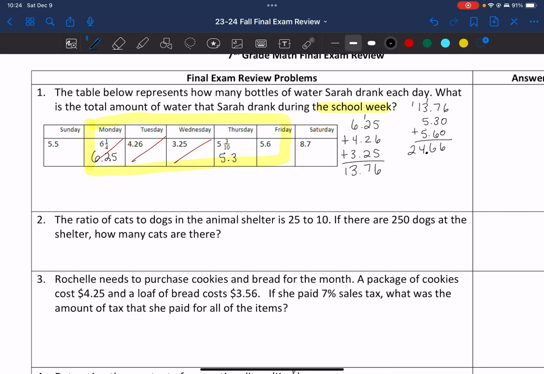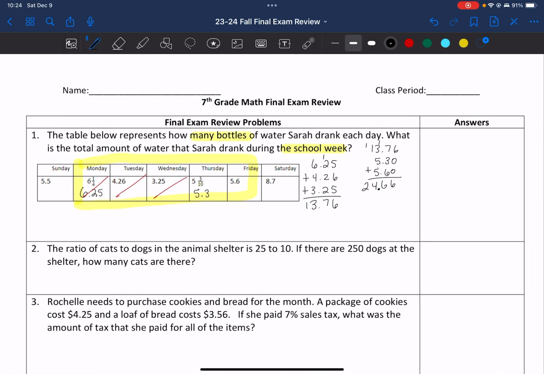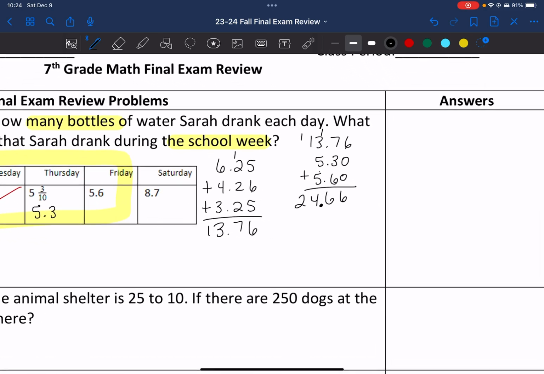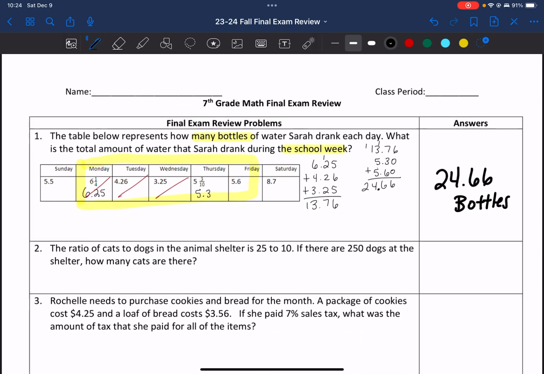Now this answer, if we look back at our question, it is saying how many bottles of water is what this is showing. So she drank about 25 bottles, okay? Let's just say 24.66 bottles, okay? In total for the week, school week.